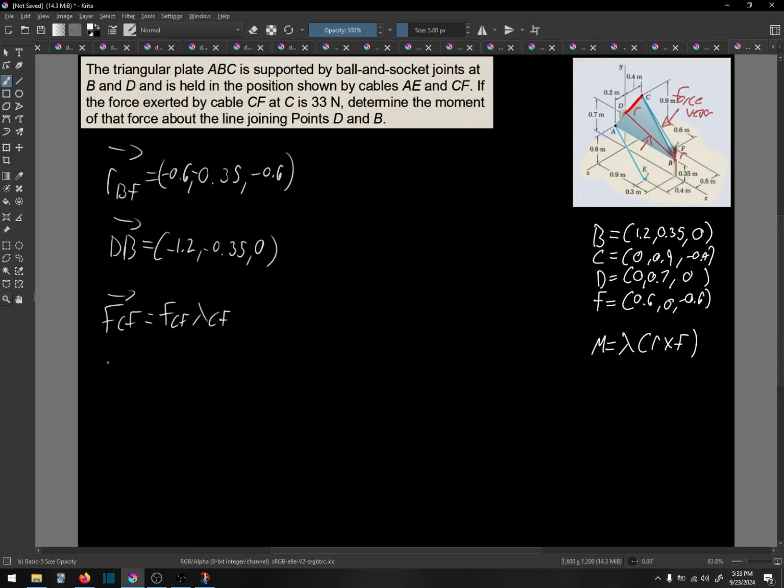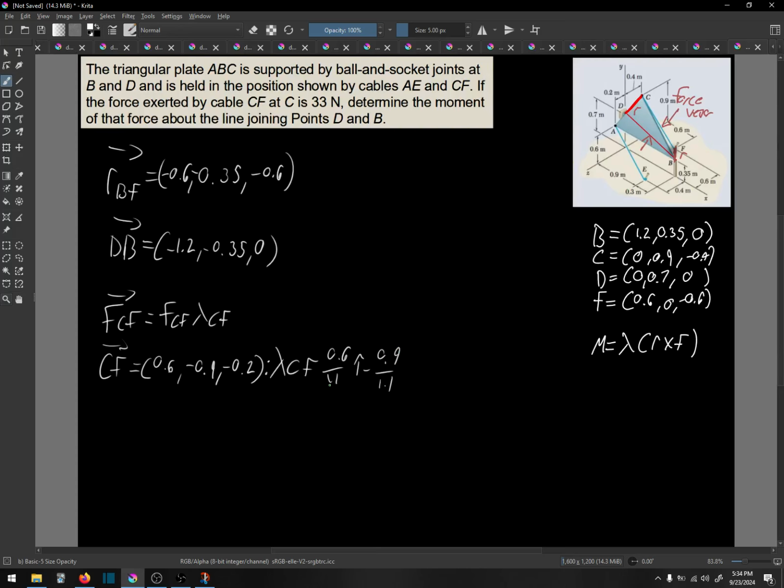So, CF is 0.6, negative 0.9, negative 0.2, and lambda CF is 0.6 over 1.1 I hat minus 0.9 over 1.1 J hat minus 0.2 over 1.1 K hat.